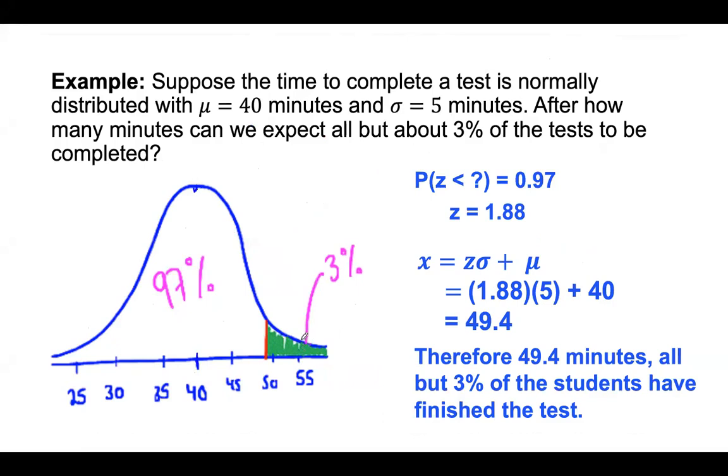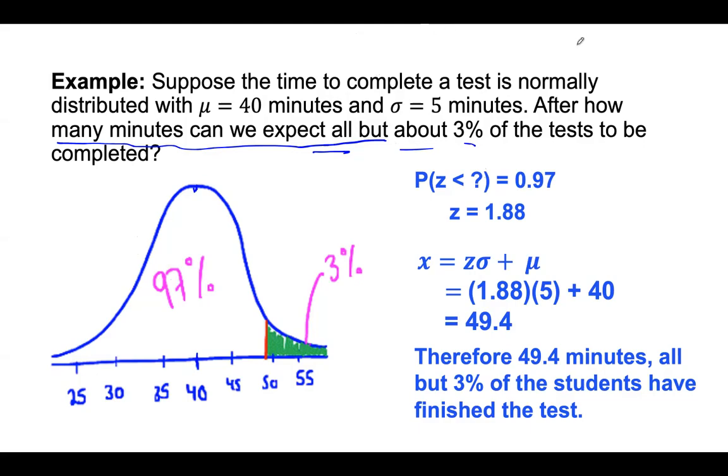That means 97% of people completed the test on this side. So we want the probability 0.97. We want to find that value here, that Z score.